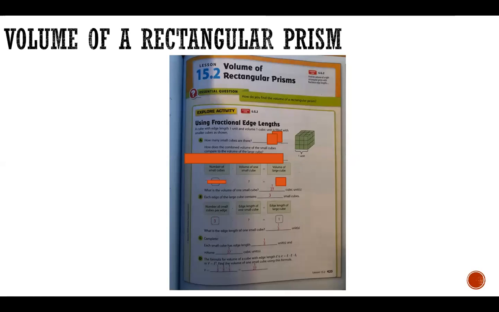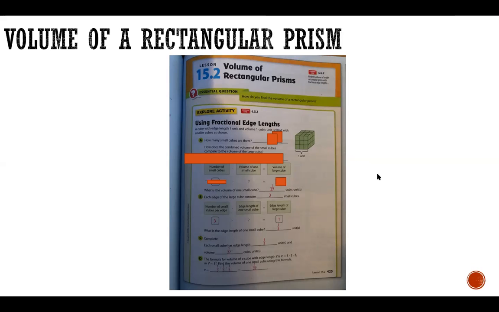Well, let's see. We see that there are 3 small cubes here by 3 tall cubes here. So we know that it's 9 square units, right? Because it's 9 square units here. So if we use all 3 of them, we probably think that it's about 27, right?